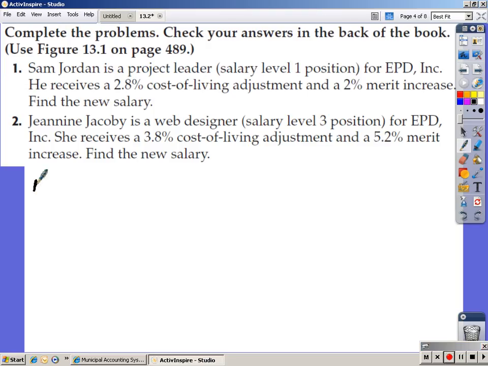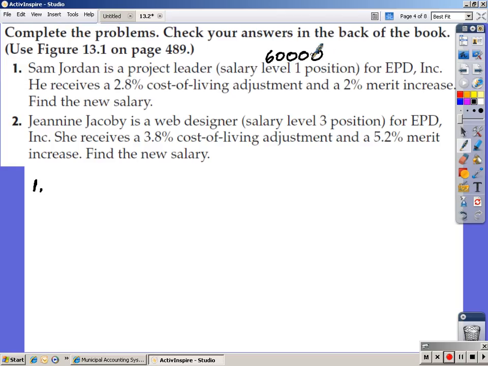With number 1, it says Sam Jordan is a project leader, salary level 1 position for EPD Incorporated. He receives a 2.8% cost of living adjustment and a 2% merit increase. Find the new salary. Looking back in your table on page 489, you learn that the project leader for salary 1 earns $60,000.